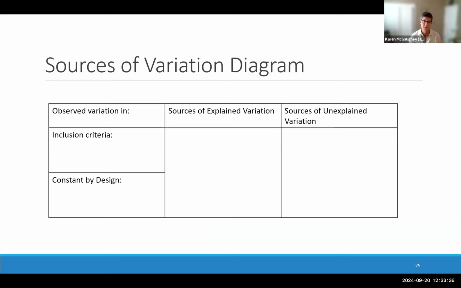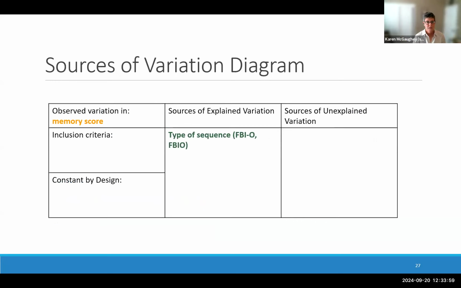And then what we try to do is to get the students to organize all of those sources of variability into what we call a sources of variation diagram or table. So, wanting students to recognize that our response variable is memory score.